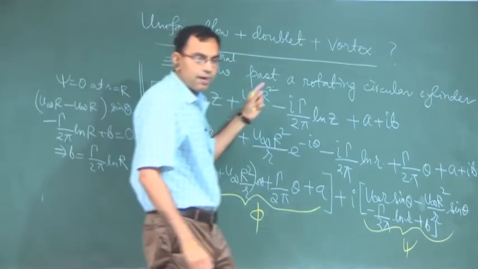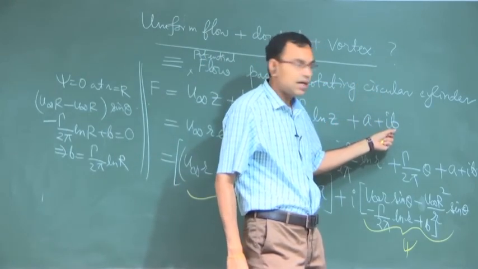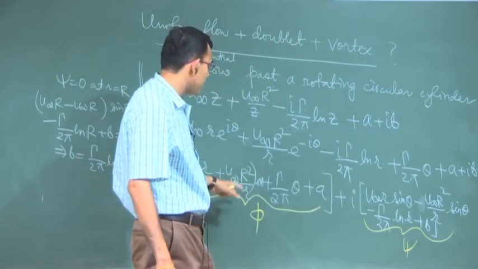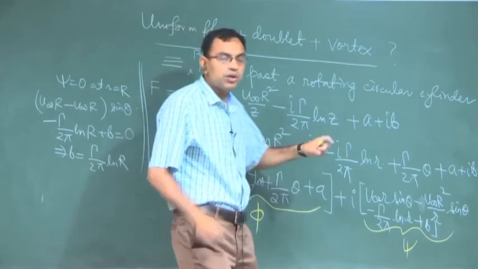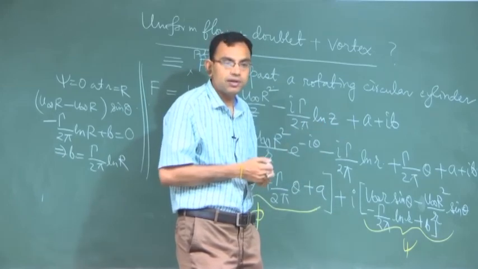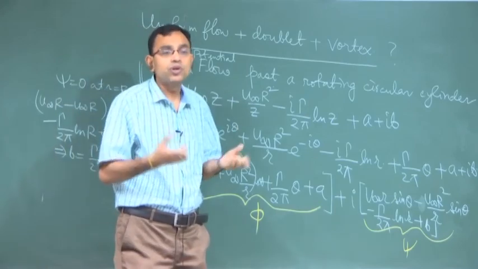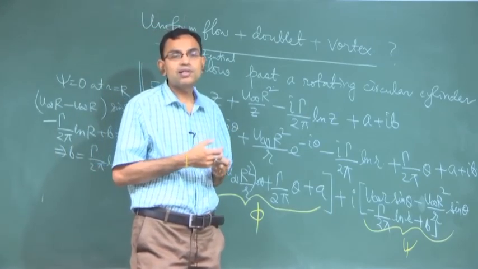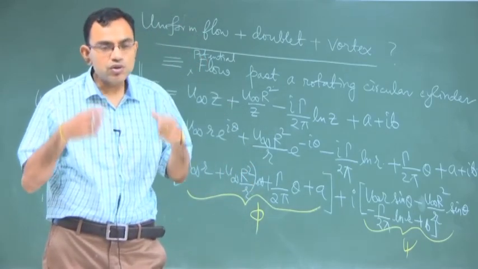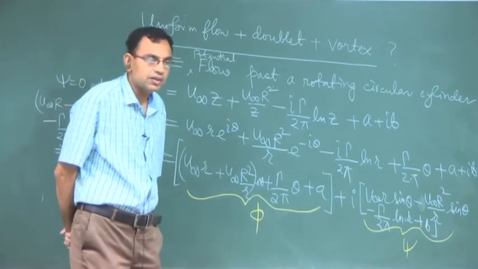So, in this way you can model this with a particular choice of B, and you can make an arbitrary choice of A also, because although you have a constraint on stream function, you do not have a constraint on velocity potential reference. Okay. Constraint on stream function is also up to you. I mean, you may choose of course a non-zero stream function on the surface of a body, there is nothing wrong with it, but customarily we choose it as 0, that brings in that extra constraint.